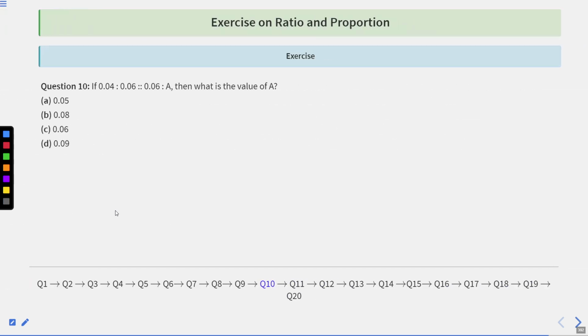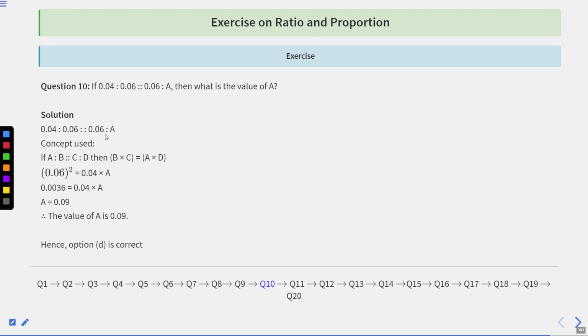Let us now move to the next question, that is question number 10. If 0.04 is to 0.06 as 0.06 is to A, then what is the value of A?